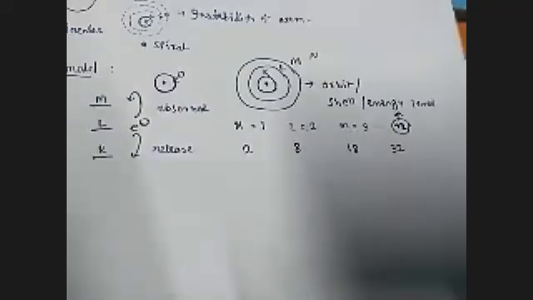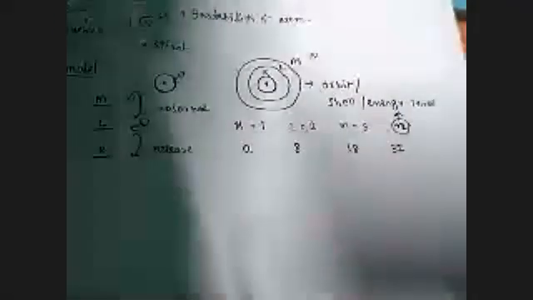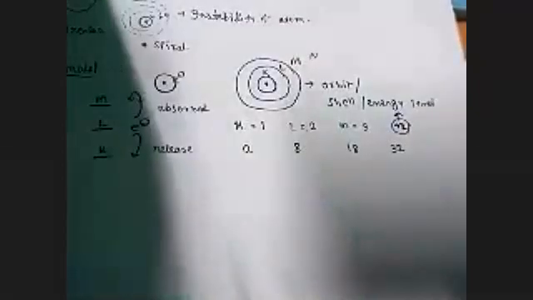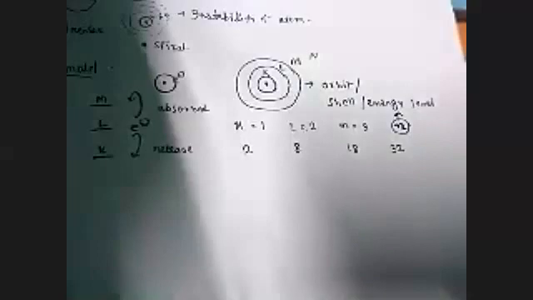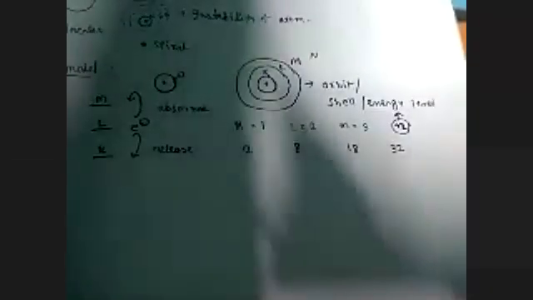The energy is emitted or absorbed only when the electrons jump from one energy level to another.